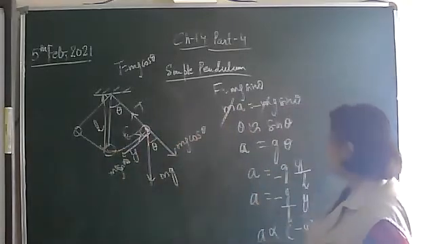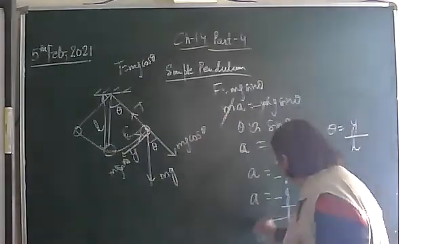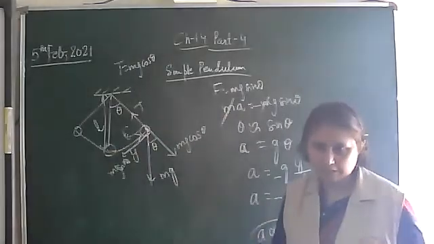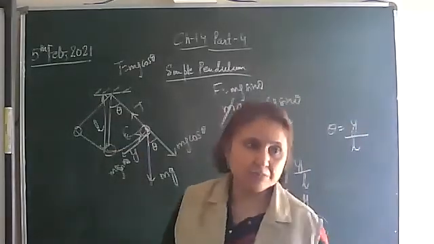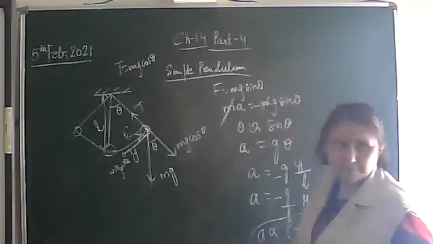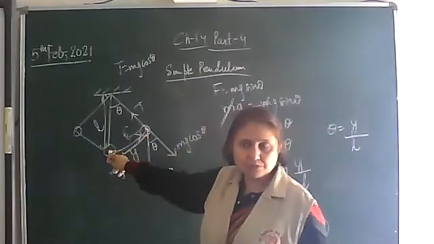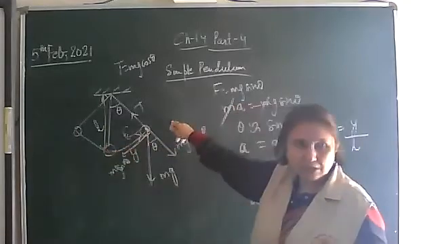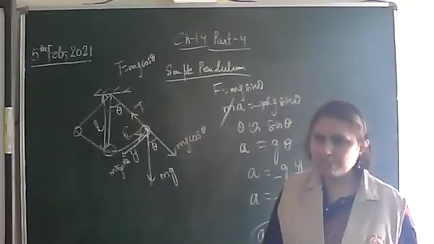So hence the oscillations are simple harmonic. We know that any oscillatory particle will perform simple harmonic motion only if the acceleration is directly proportional to the negative of displacement. So the oscillations are simple harmonic.